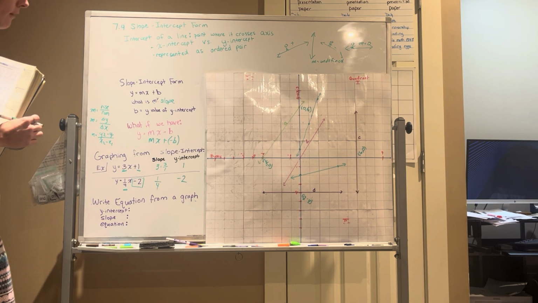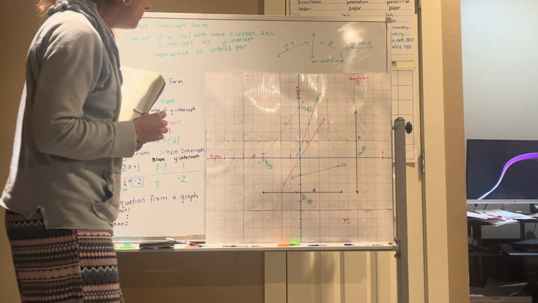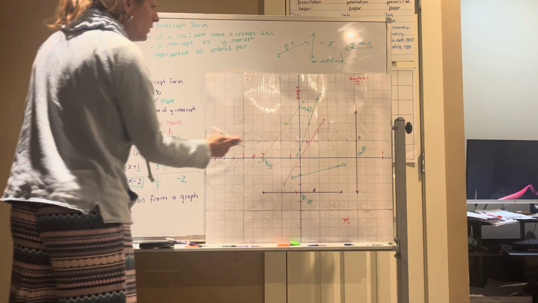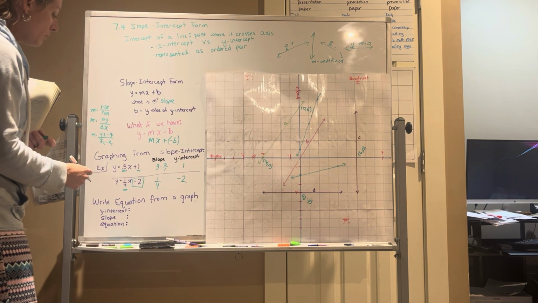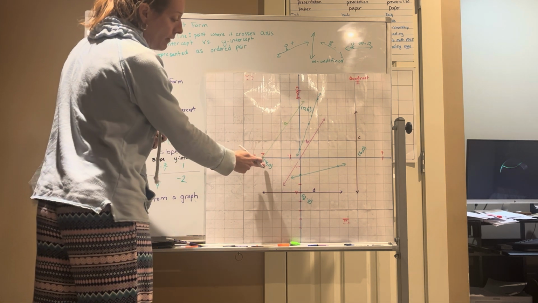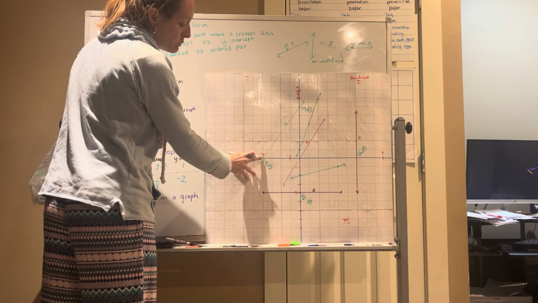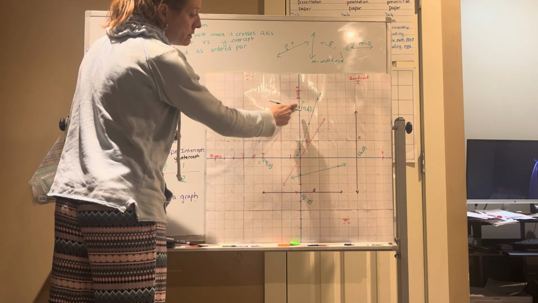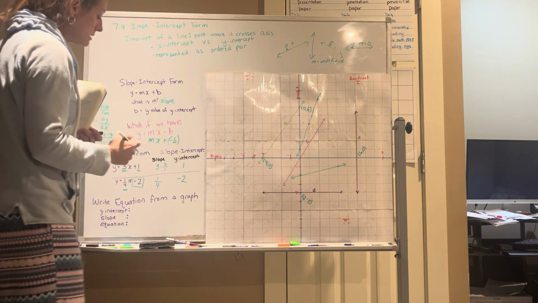Let's look at line A right here. You're going to write the equation from the graph. So you find 2 points that are easily identifiable, where it crosses. This point is easily identifiable, -4, 0, and this point is easily identifiable, 0, 6.